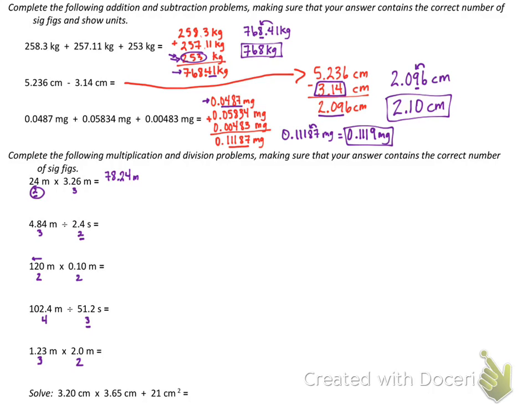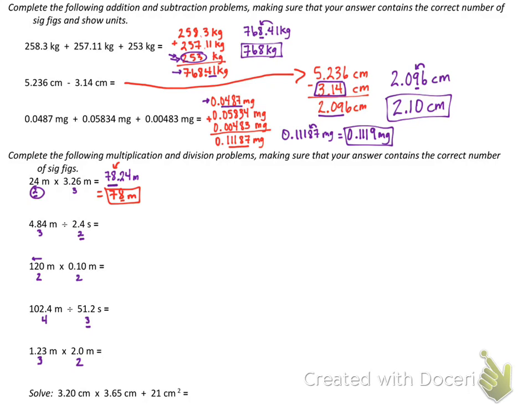So to make it 2 significant figures, my doubtful digit in this case would be the 8. So my answer should be 78 meters. My doubtful digit, the 8, and that's okay.